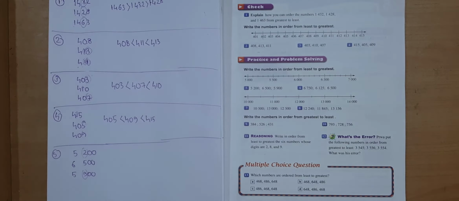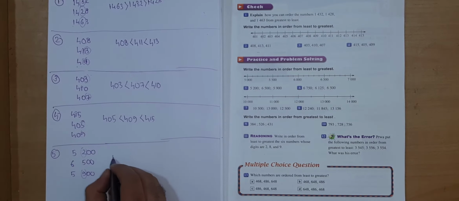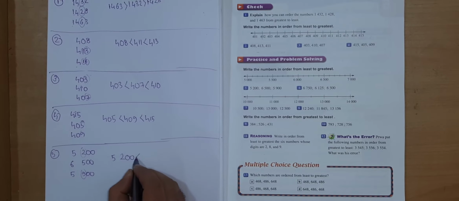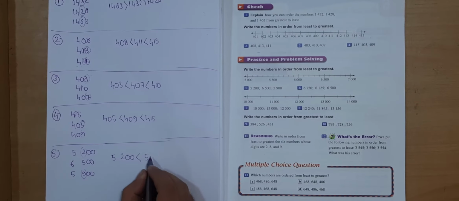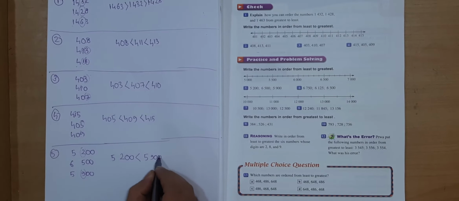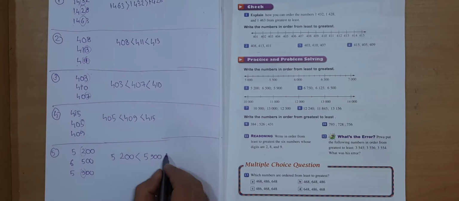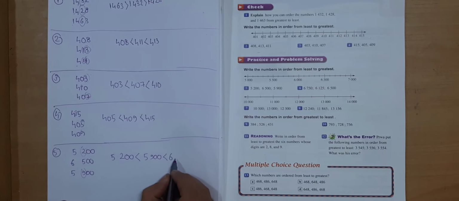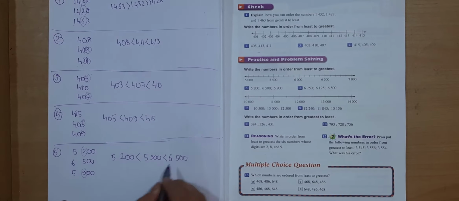If you order the numbers from the least to the greatest, it looks something like this. 5,200 is less than 5,900, and 5,900 is smaller than 6,500.